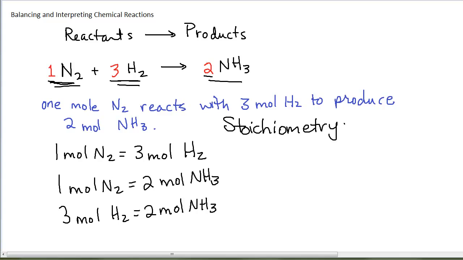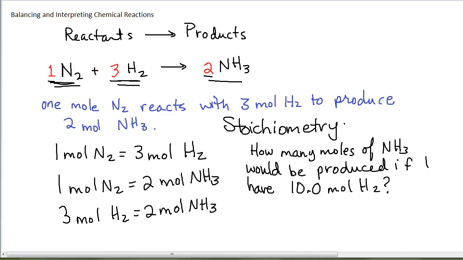If I have a different reaction involving nitrogens and hydrogens, I will have a different stoichiometry. It'll be balanced differently, and so I'll have different equivalences. But these equivalences allow me to convert between the parts of this reaction using a unit conversion method. For example, how many moles of ammonia would be produced if I had 10 moles of hydrogen?